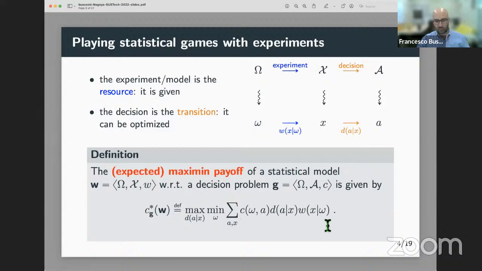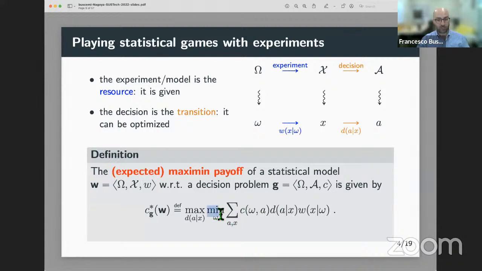So you see that here you have the conditional probability distribution from omega to x. Then here you have the decision that goes from x to a, and you sum over x and a. So summing over x, here you have a conditional probability distribution of a given omega. And then you take the expected payoff that you're going to get for each omega.